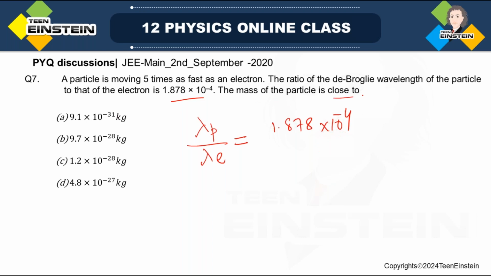Now the mass of the particle is close to what? You have to find out the mass of the particle. We know that lambda p will be h by mp vp, for the particle, and for the electron lambda e is h by me ve.